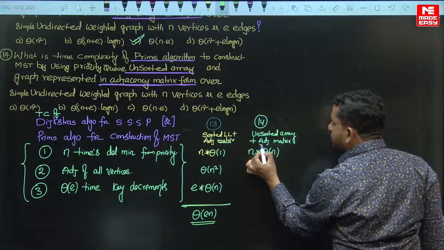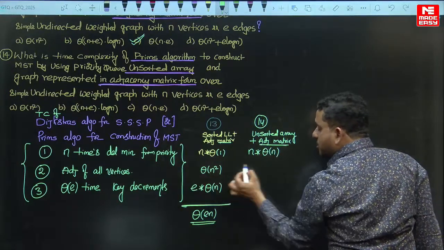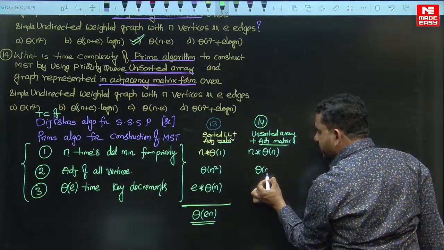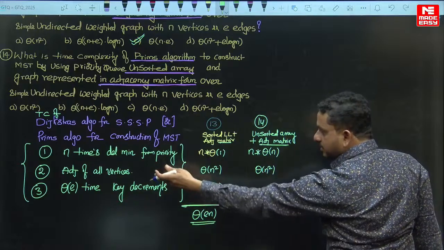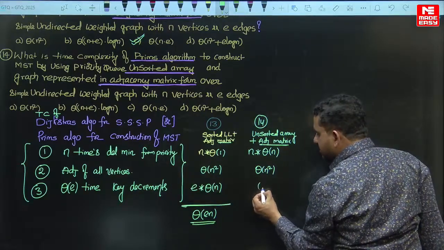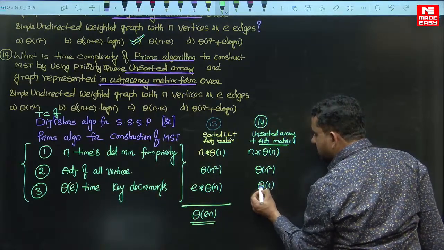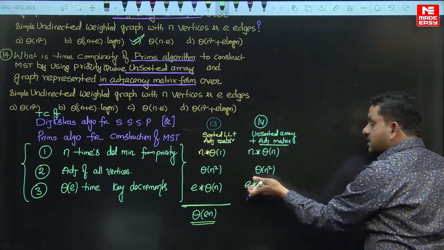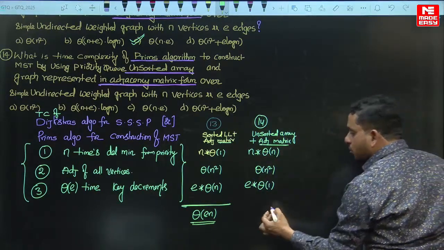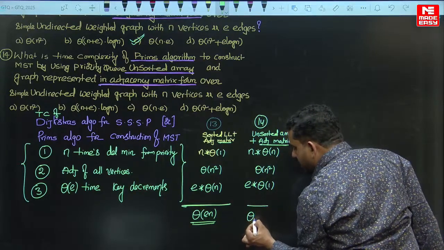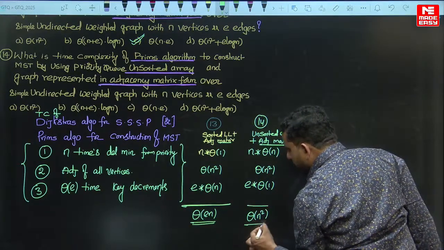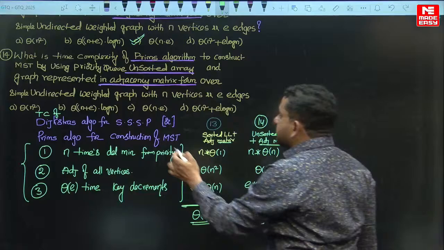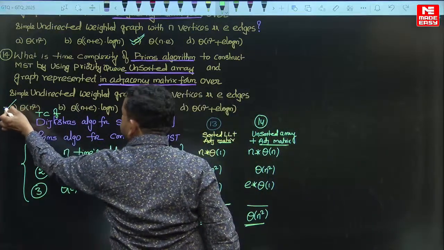The time required to find the adjacency of all vertices is order of n square time, and then order of e times key decrement. Key decrement requires constant time because of the unsorted array. In the worst case edges are also n square. So the overall time complexity becomes order of n square, option A.